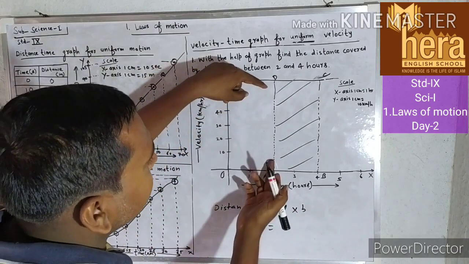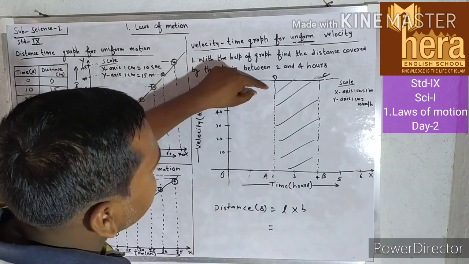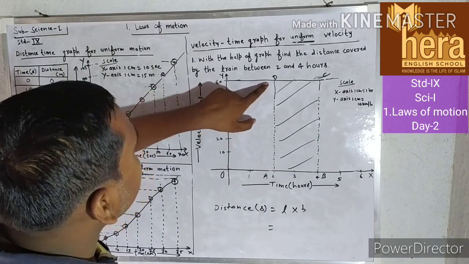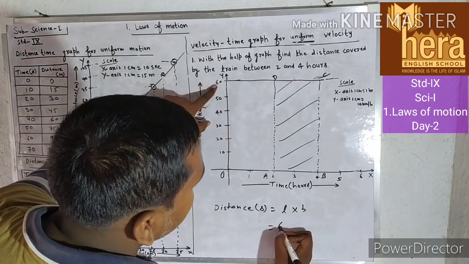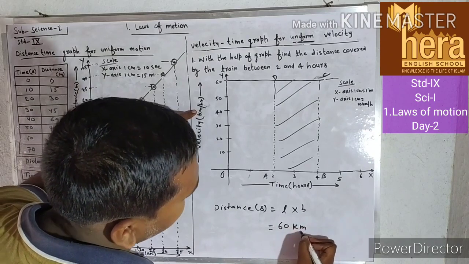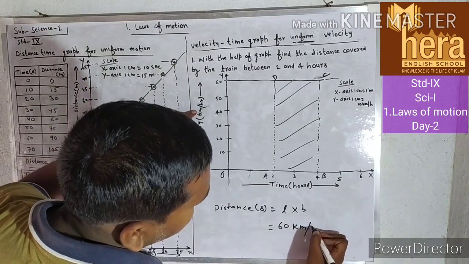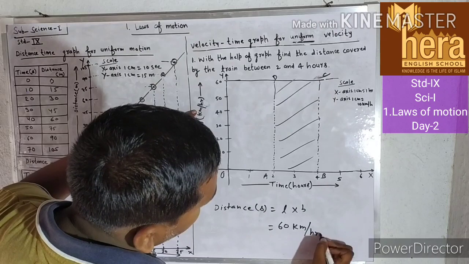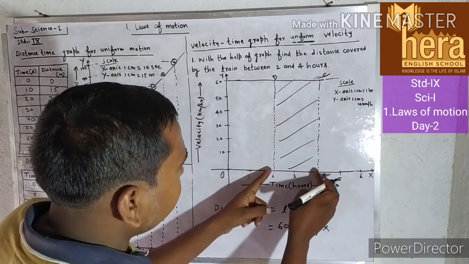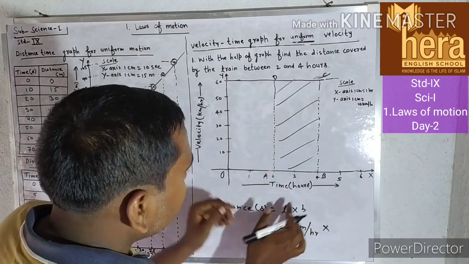This is length, this is 60 kilometer per hour into, this is B.